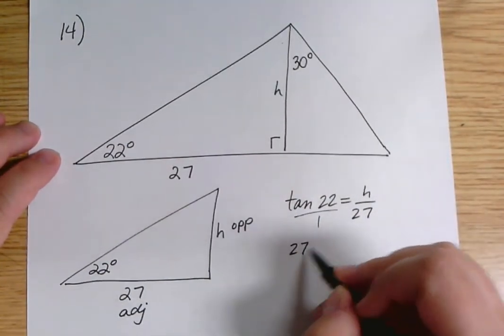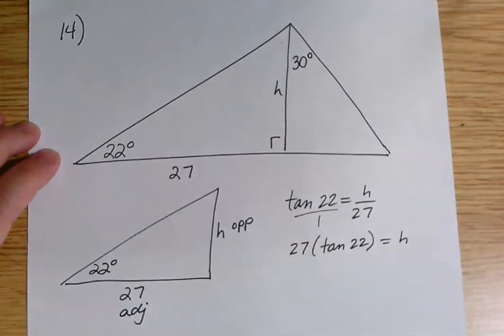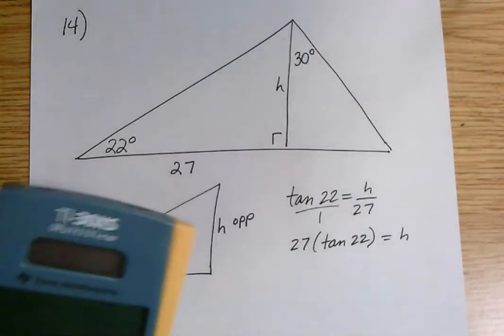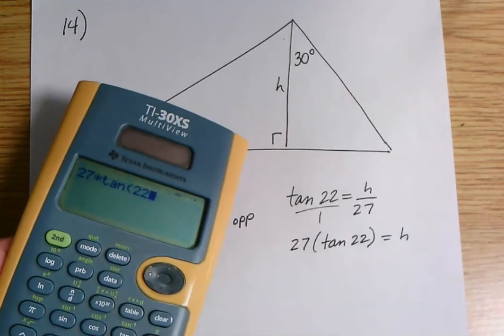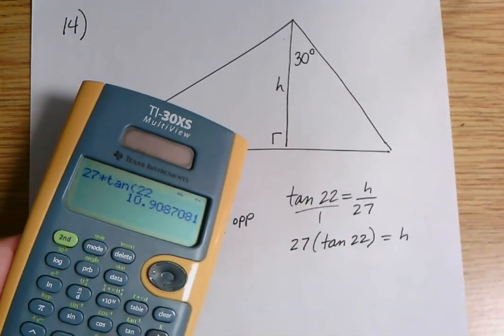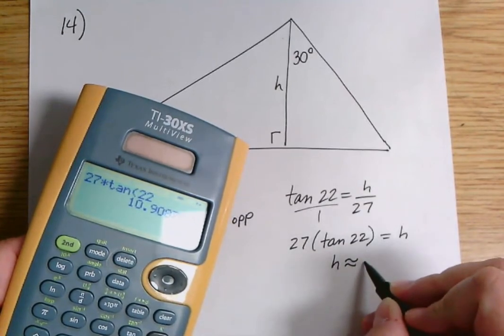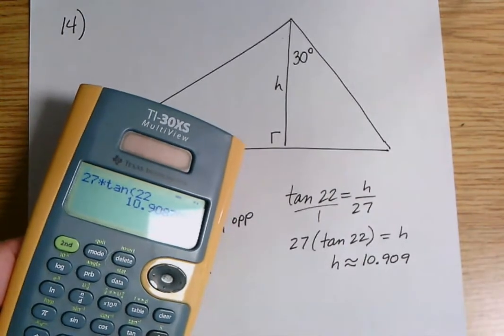Cross multiply: 27 times tan 22 equals h times 1. H is by itself, so I'm ready to type into my calculator. 27 times tan 22 is 10.9. So H is about 10.9. Let's go to 3 places: 10.909.